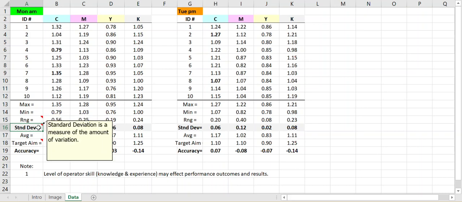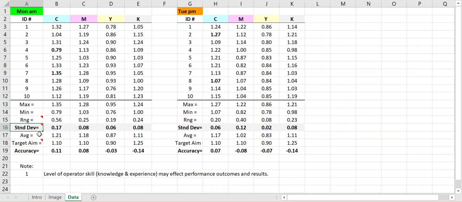That's the standard deviation. So the standard deviation, or sigma as you hear it pronounced, is the amount of variation in a process. And then of course we could calculate an average, arithmetic average, which is also called a mean, not to be confused with a median, the middle, 50%, or the mode, the most occurring.